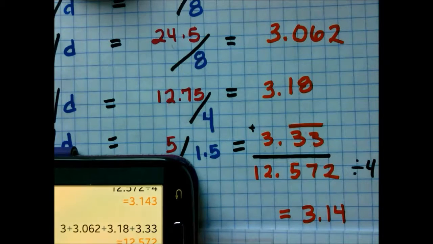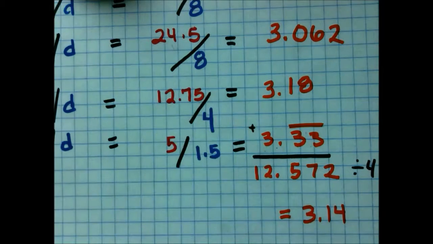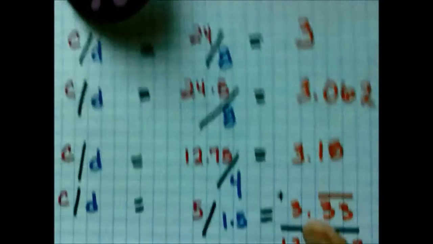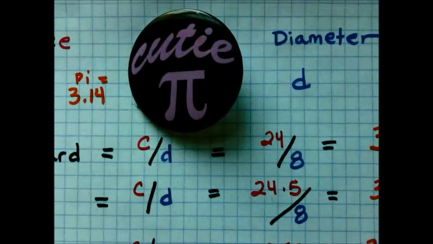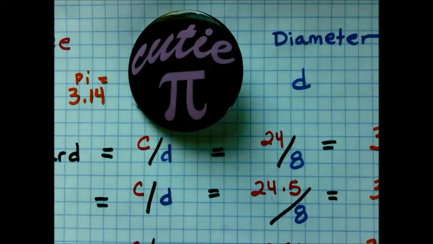We can take away actually the 3. So thank you very much for watching my presentation of Cutie Pi, where I discovered that averaging 4 items with their circumference and diameter ratios becomes 3.14.